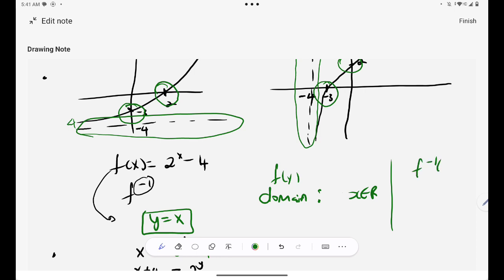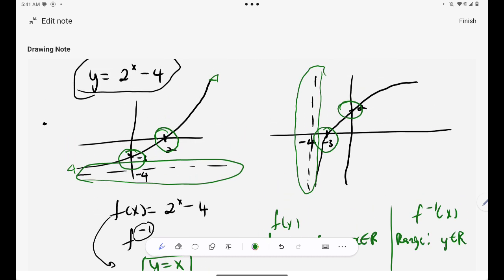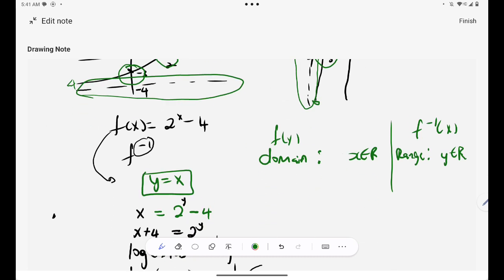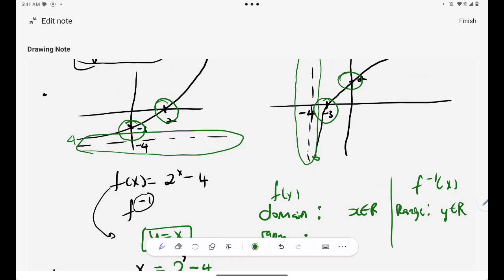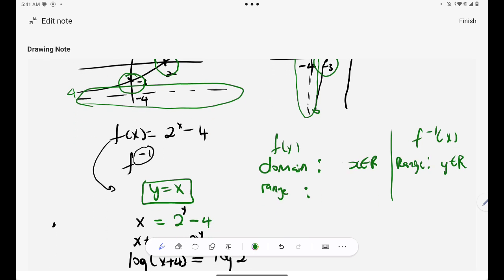But now on the graph of my inverse, my range is the one where y is an element of real numbers, because y can go from negative infinity to positive infinity. My graph is not restricted vertically, but now my domain, as you can see, my graph is just above the asymptote, so I can simply say y is greater than negative 4.